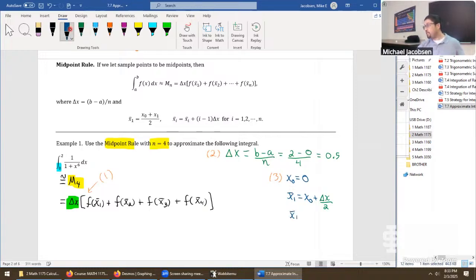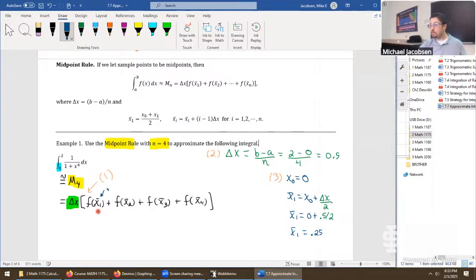So x bar 1 is 0 here, plus 0.5 divided by 2, which finally tells us x bar 1 is just 0.25.